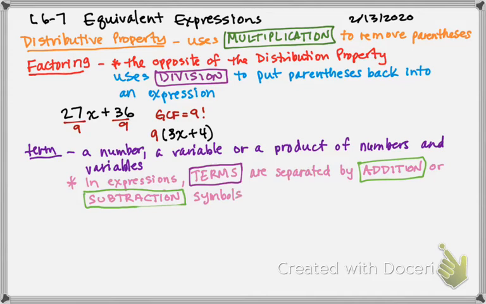So I'm going to give you a couple of examples of what terms are. We've got things like a number by itself, 5, a variable by itself, x. We have a product, 17y. These are all examples of terms. All are terms. Okay, now let's look at the 5. He's got a name. He's called a constant.